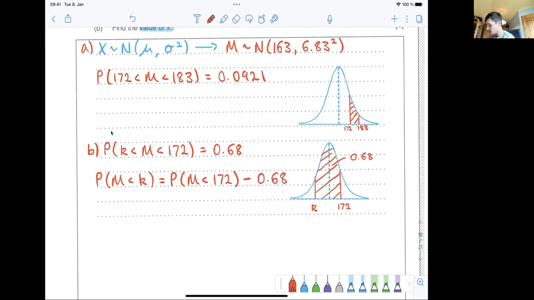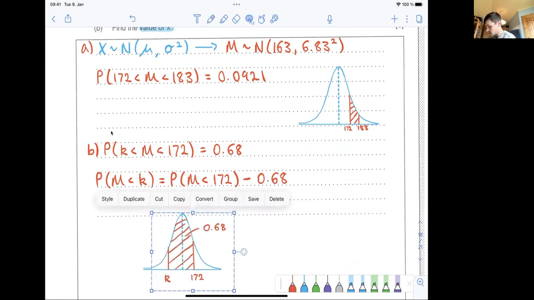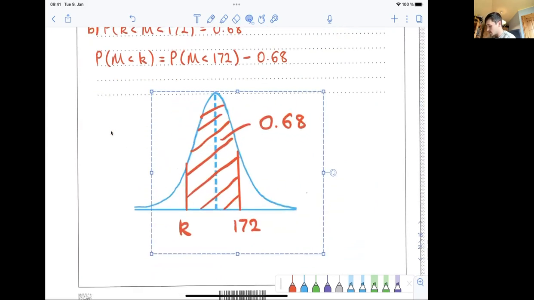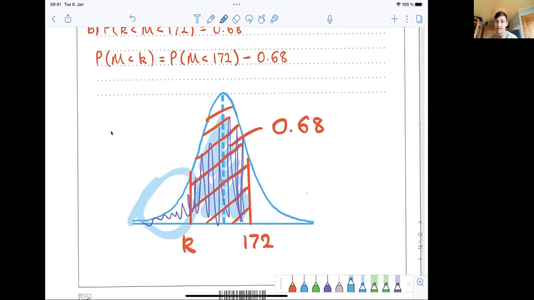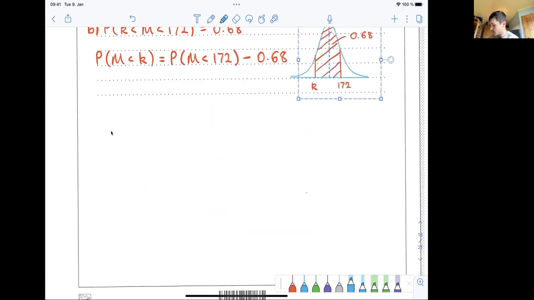Just to show that, we're going to find this area here, and then subtract our middle area, 0.68, and that will leave us with the probability that a randomly selected apple is less than K grams.